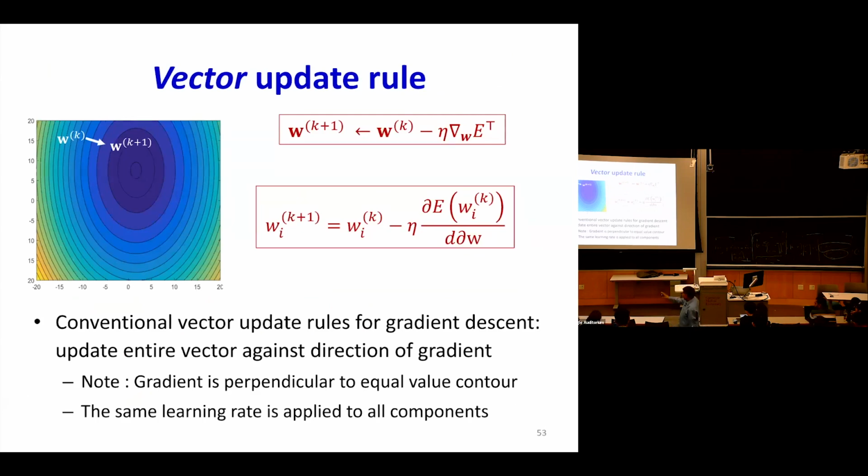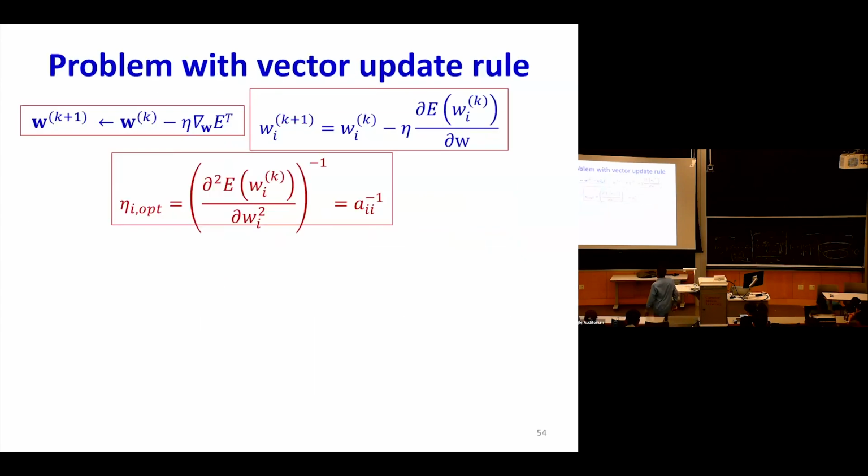See those ellipses? At any point, the gradient is at 90 degrees to that ellipse. And now we know that the optimum step size for each variable is the inverse of the second derivative, which is the inverse of the curvature with respect to that variable, right?